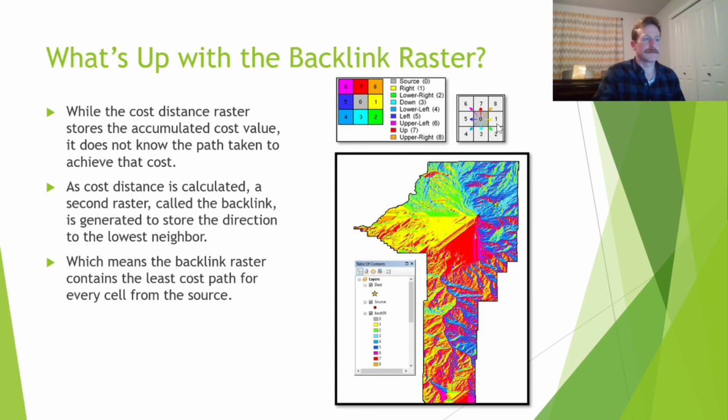Those colors don't actually mean that, but I did scale our backlink raster to those colors, and you can see that it's kind of meaningless, but very important for the computer. Meaningless for the human eye, important for the computer as it goes through cell by cell and traces back from destination to source.